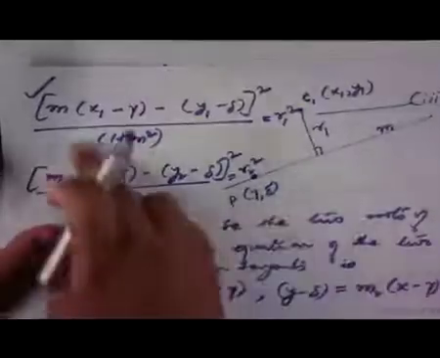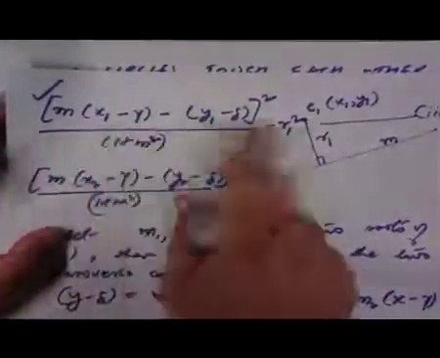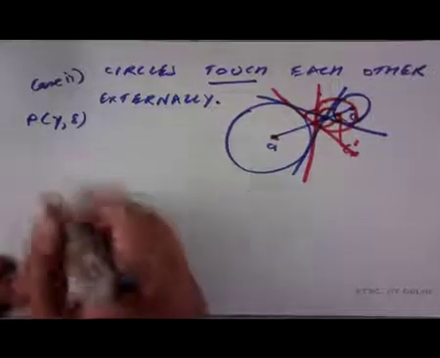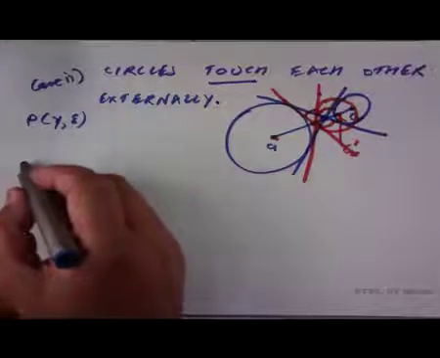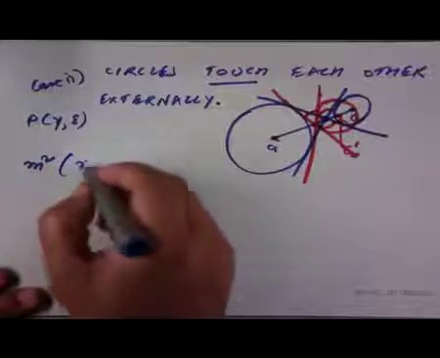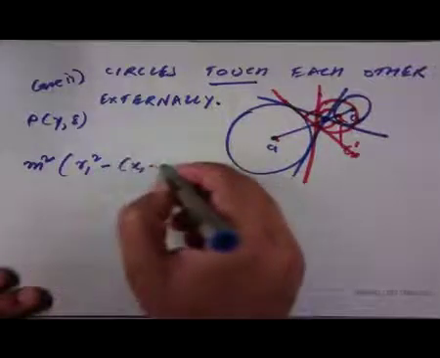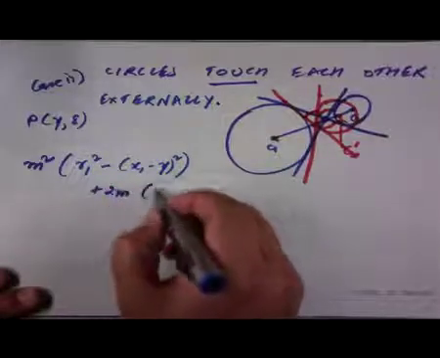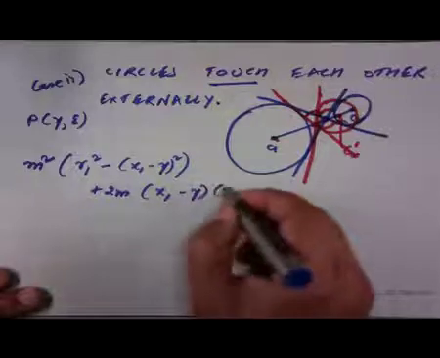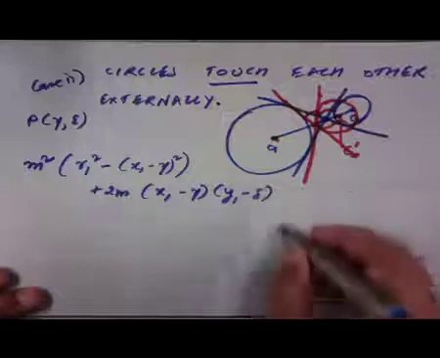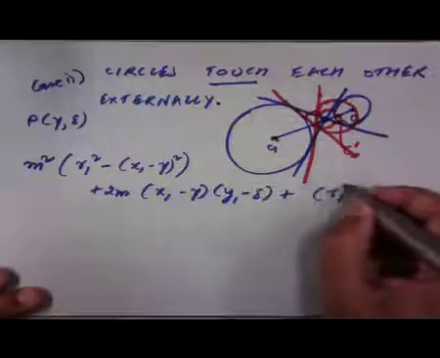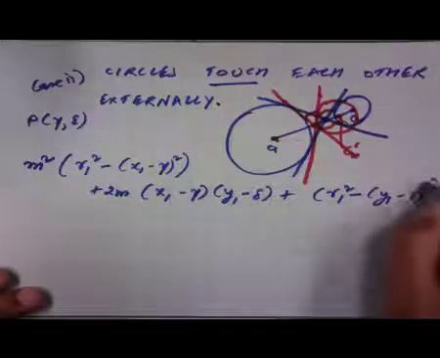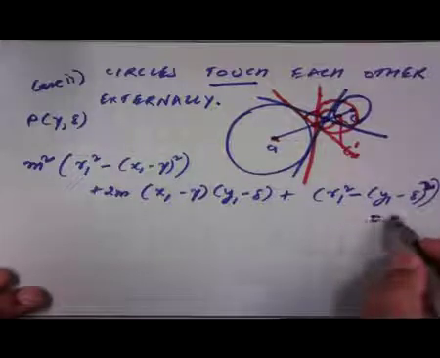If we open up this particular quadratic equation, a little bit of simplification gives us this quadratic equation: m square into r1 square minus x1 minus gamma whole square, plus 2m into x1 minus gamma into y1 minus delta, plus r1 square minus y1 minus delta whole square, equal to 0.